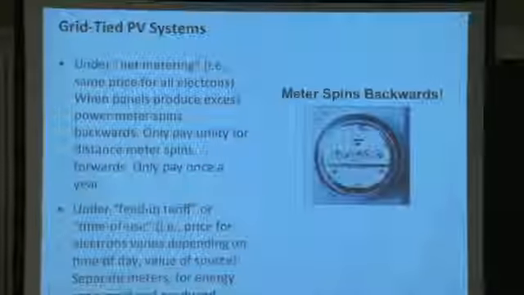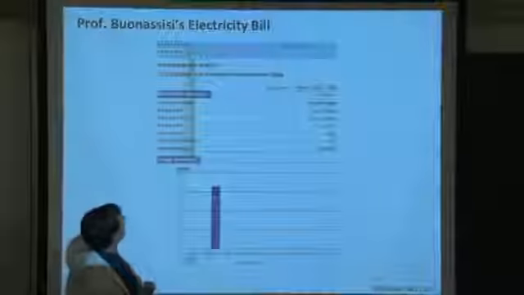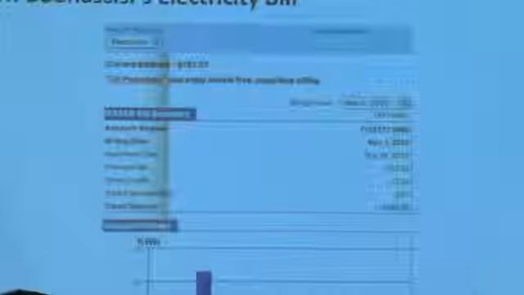So the grid-tied systems causing meters to spin backward, again, very gratifying. And this is an example of my utility bill, where you have a balance of $163 negative. So they're giving me credit over the course of a year. In the wintertime, this was an example of a month in December when a lot of snow happened and the panels were covered for quite a while, or at least partially shaded by the snow for a while, right?